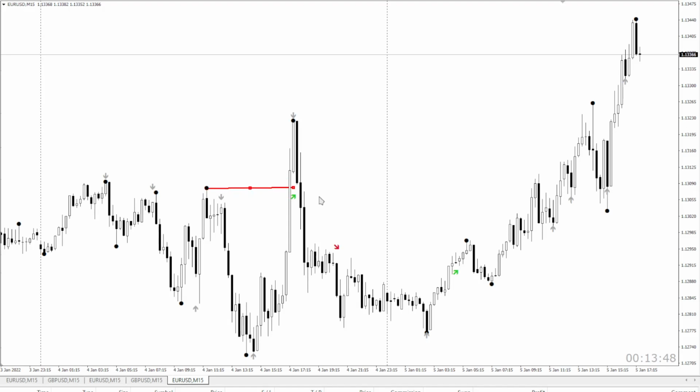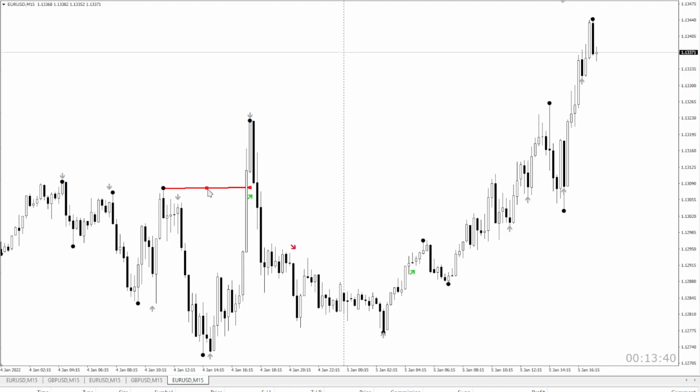You can see you have an indication, you have a break of a black dot, and then you have an indication here for an order block, which is a kind of obvious one. So you could take this one, it's the extreme. And you have an inside bar as well. So I also highlighted this one.